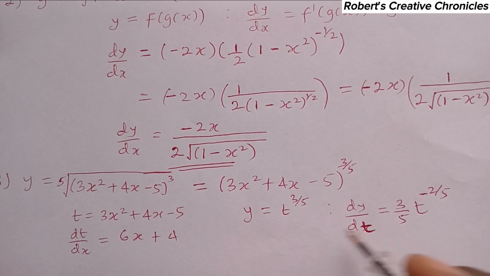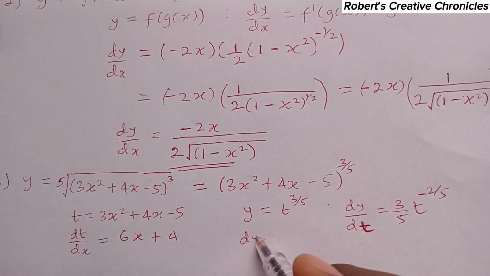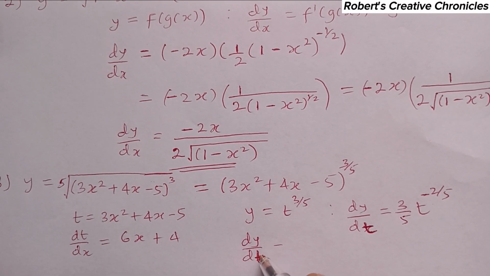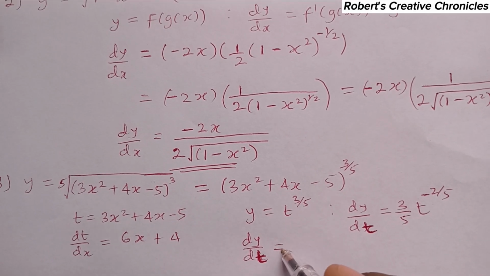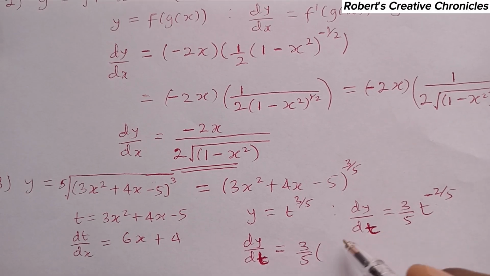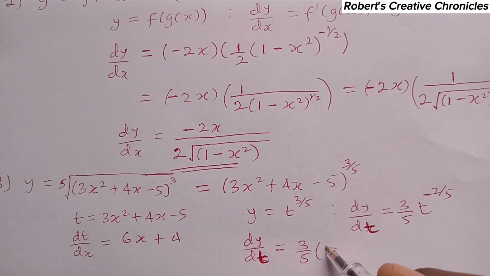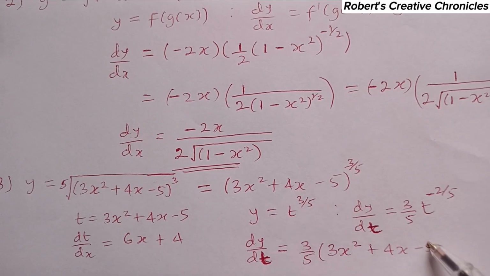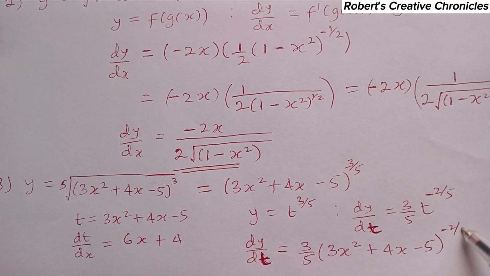So dy over dt will be equal to 3 over 5, then you put t, which is 3x squared plus 4x minus 5, to the power of minus 2 over 5.